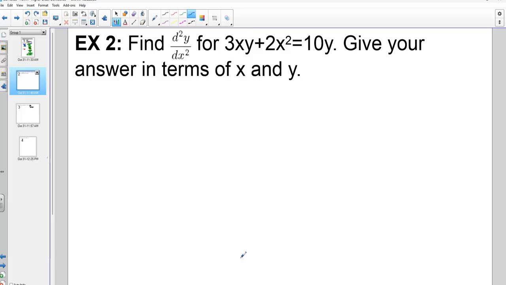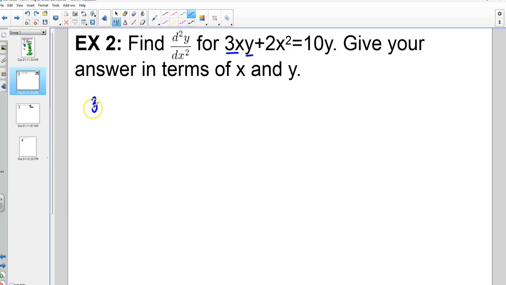All right. For the next one, second derivative, before you can find the second derivative, you must find the first derivative. So we've got, right here, 3xy. What do I have to use to take the derivative of that? That is a product rule. It is so easy to overlook because it's tiny. But product rule has to happen here with the 3x times the y.